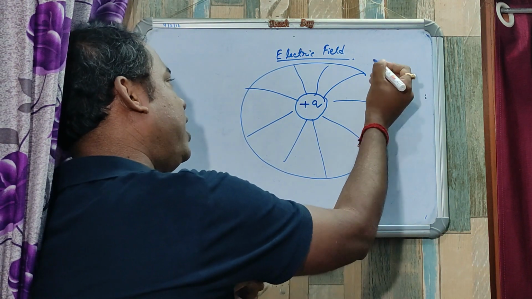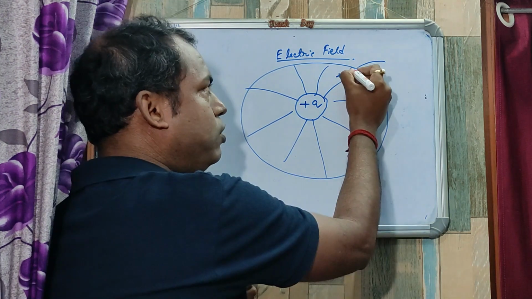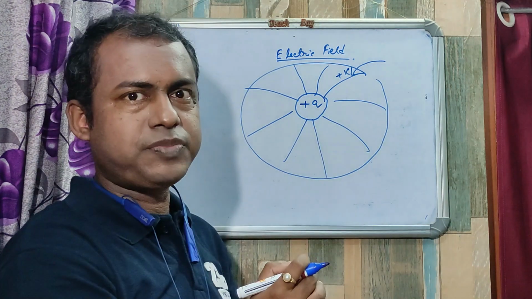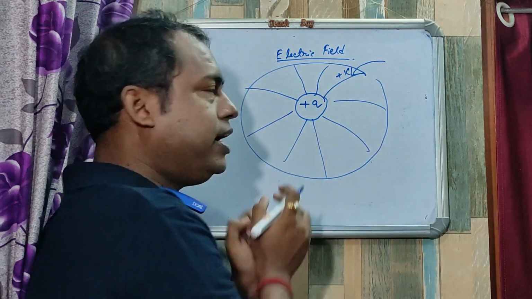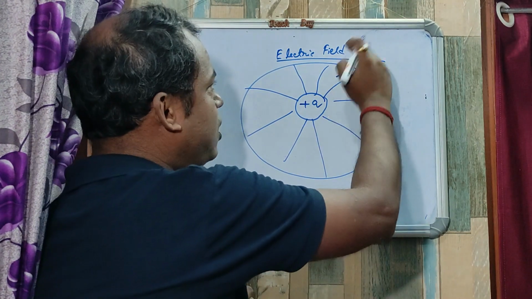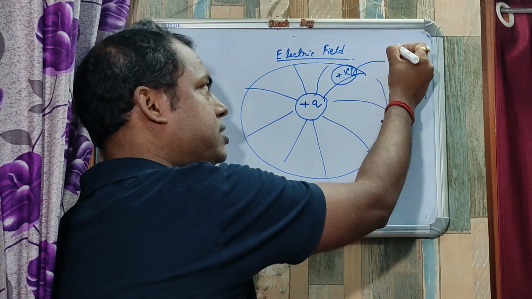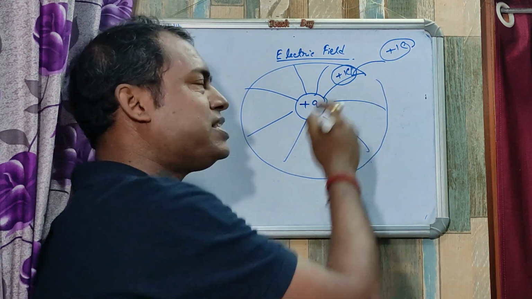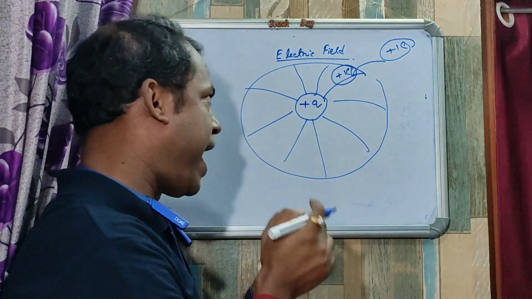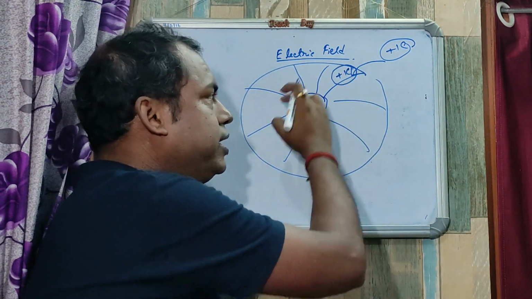If I consider a plus 1 coulomb charge placed there, obviously the positive charge repels within the specific field, the specific volume. If the 1 coulomb charge is placed beyond this field, the repulsion force tends to 0. So the repulsion force acts within a certain region, and this region is called the electric field.